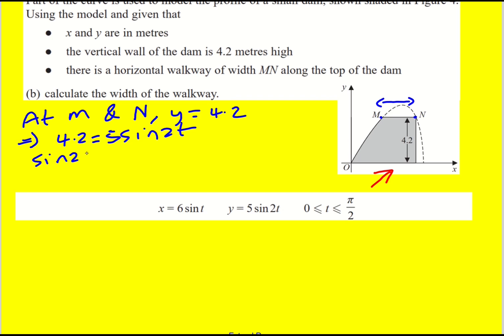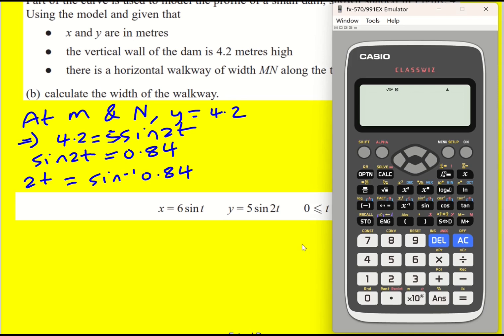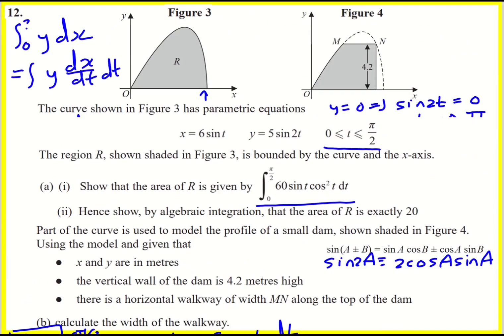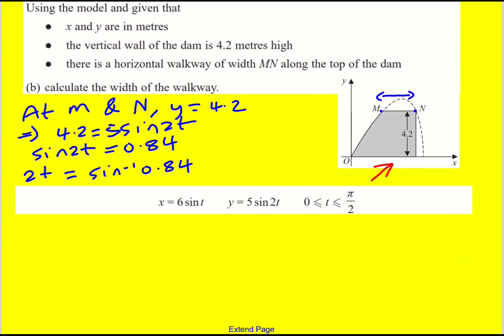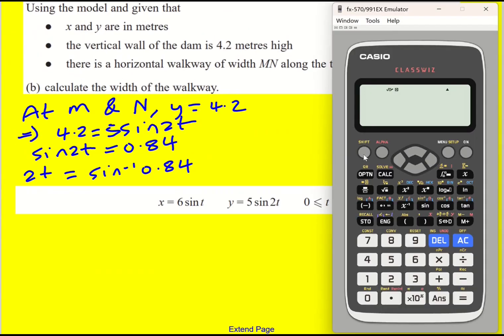That means that sine 2t is going to be 4.2 divided by 5, which gives me 0.84. So 2t is then inverse sine of 0.84. We're working in radians here. Does it ever say? Oh yeah, it does, that was in the domain. So inverse sine 0.84, I'm in degrees, that didn't look quite right.